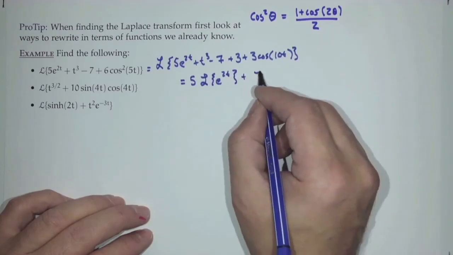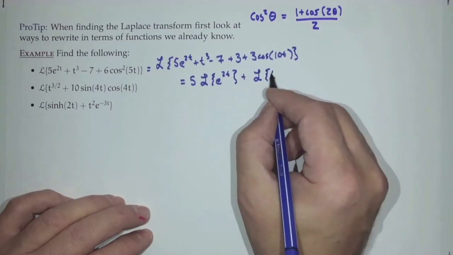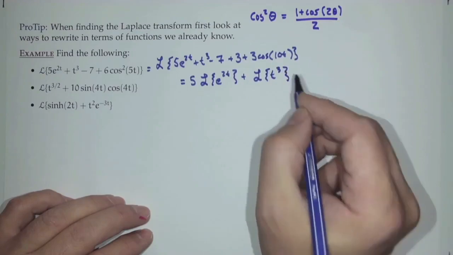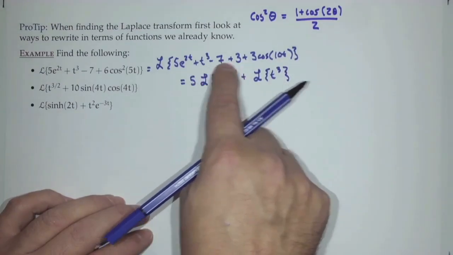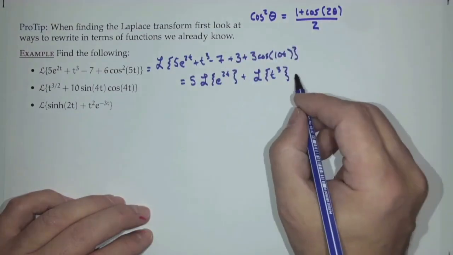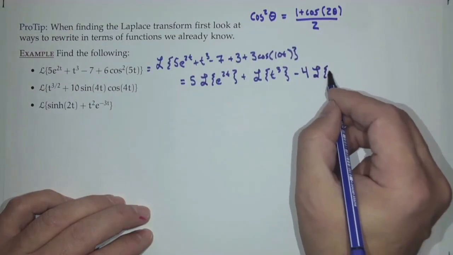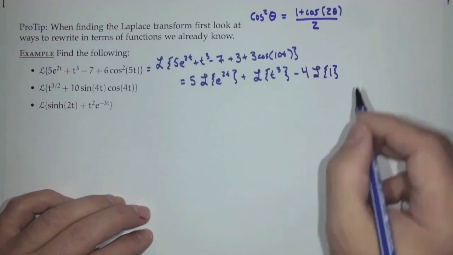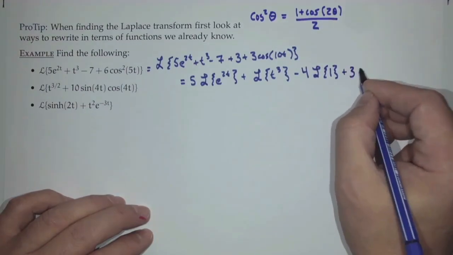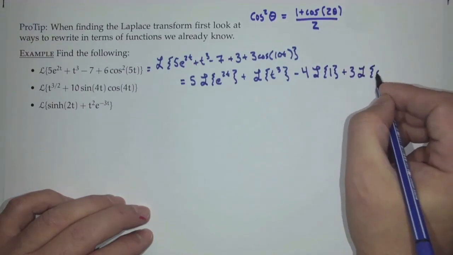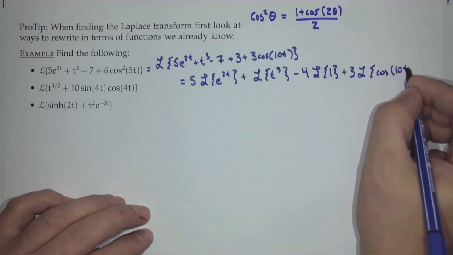Then the Laplace transform of t cubed. We have minus 7 plus 3. We can put those together as minus 4. So minus 4, Laplace transform of 1. And then plus 3, Laplace transform of cosine 10t.